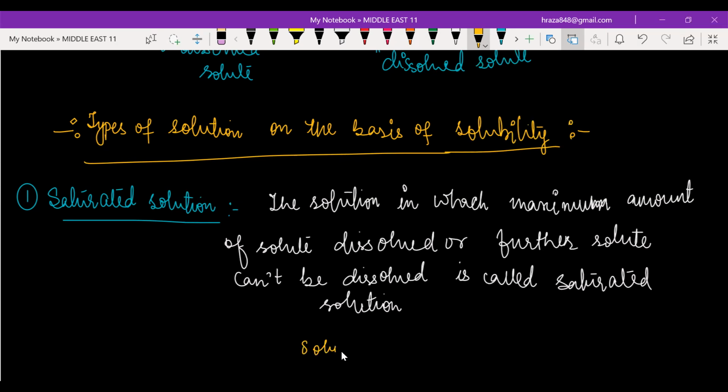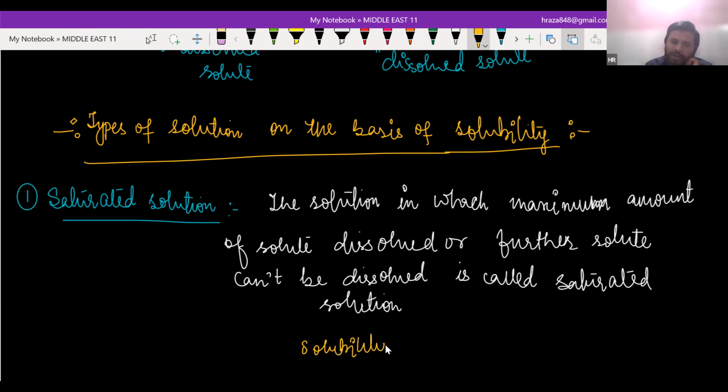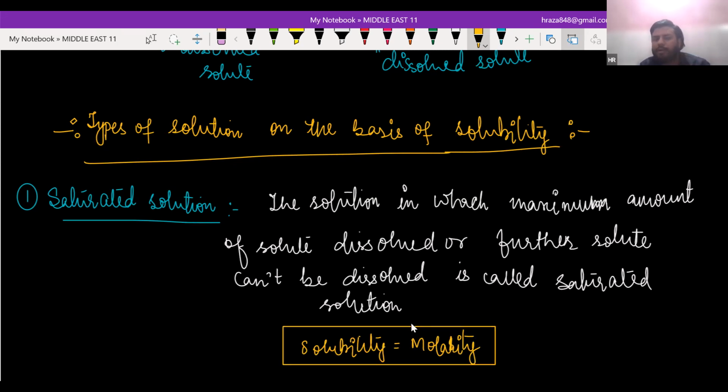Okay. So in this, basically solubility equals molarity. Molarity of solution is equal to solubility. Just write it. If you are given that the molarity of the solution is this and the solubility is this, and they are equal, that means it is a saturated solution.